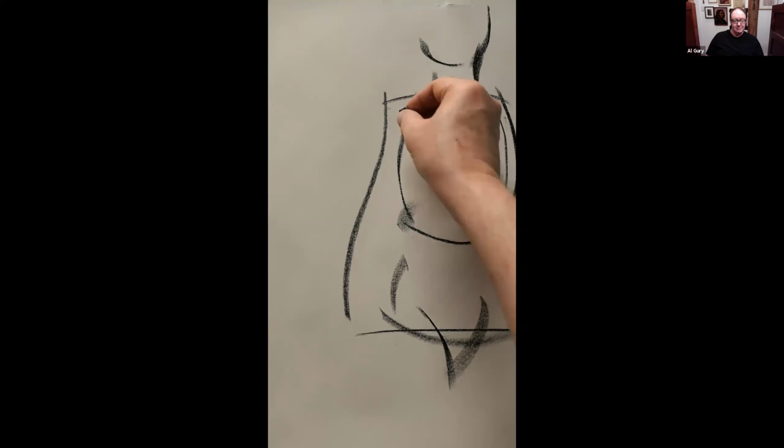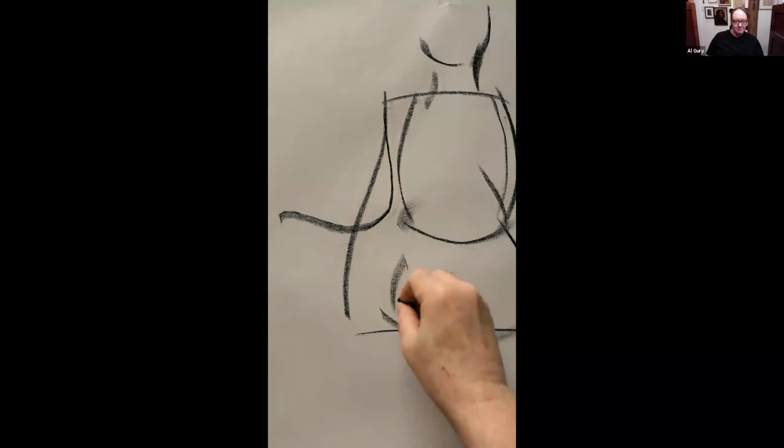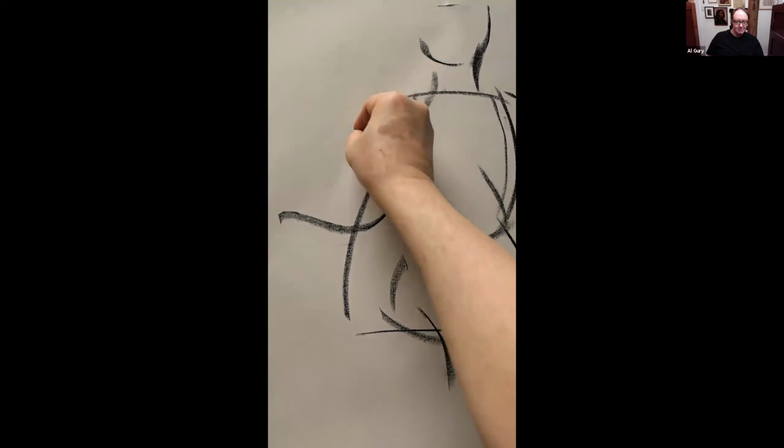And as the arm of the figure moves in different poses, and I'll just draw over this to make continuous movements, we find that the gesture changes, but it's always moving in an S-curve.